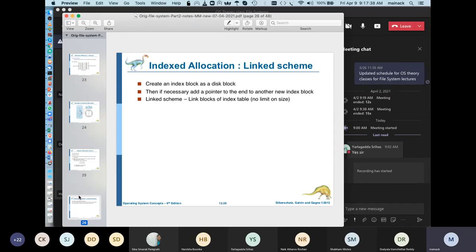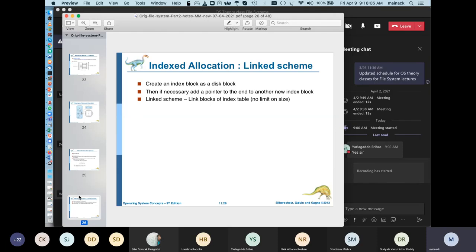Understand this. First we talked about contiguous allocation, linked allocation, and indexed allocation. The indexed allocation is sort of the best of both worlds. It's fast, it gives direct access, and you really don't need to worry about external fragmentation. However, in indexed allocation, you need to implement the index table, and no one is going to tell you what the size of the index table should be.